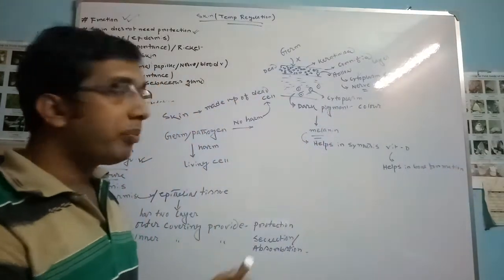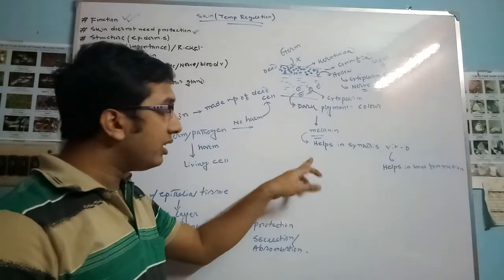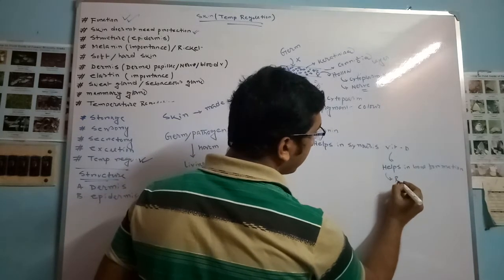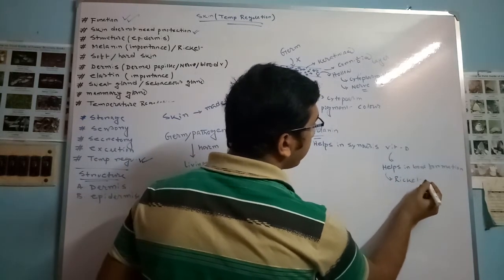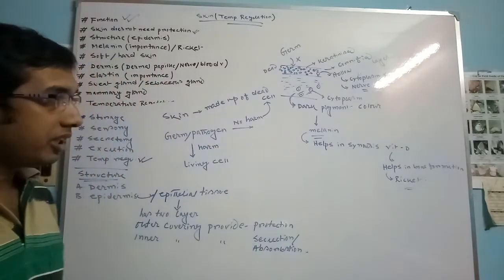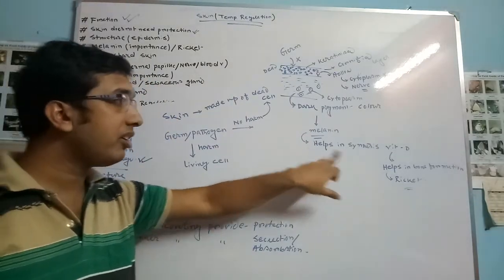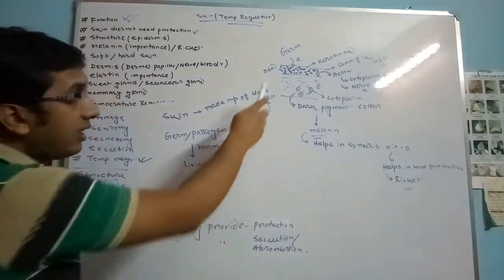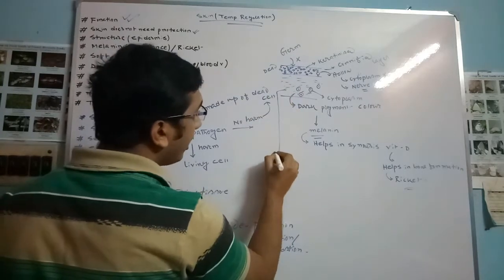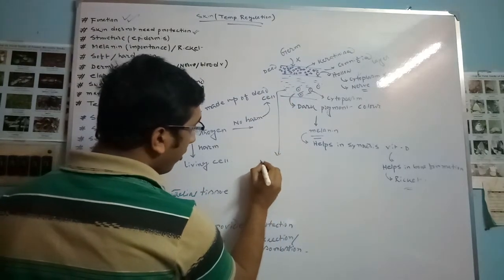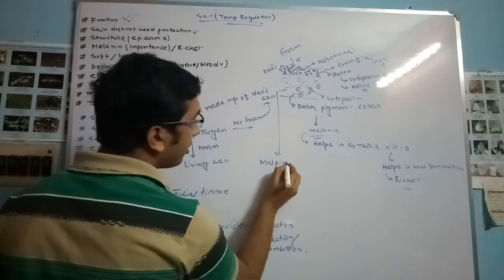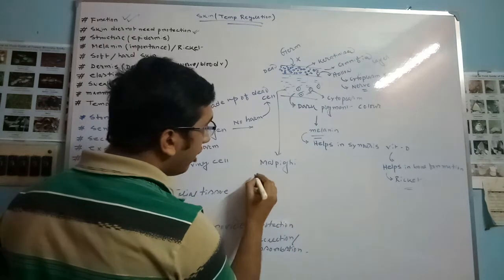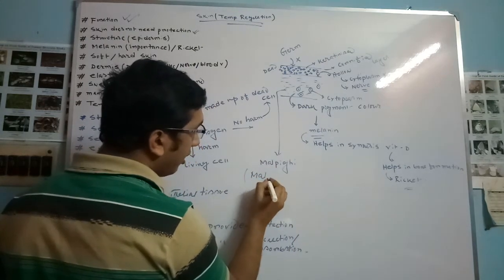So suppose a person has more melanin, then it reduces the chances of rickets disease. So the secretion of melanin reduces the chances of rickets. That is the importance of melanin, and that layer was first discovered by a scientist, Malpighi, and hence that layer is called the Malpighian layer.